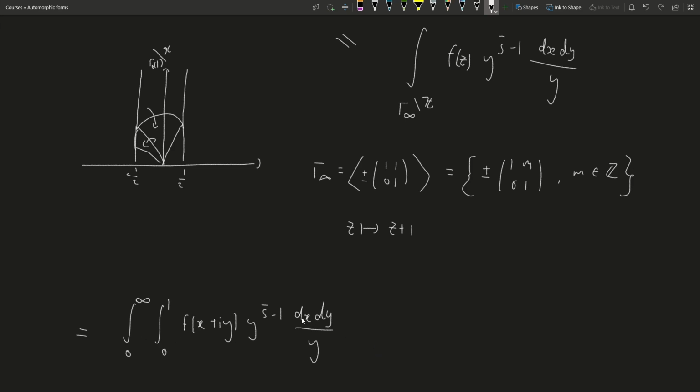Now how do we evaluate this? Well, let me maybe emphasize it a little bit more by writing the two integrals separately, like this. So this piece, this is really just picking off the 0th Fourier coefficient of our function f.